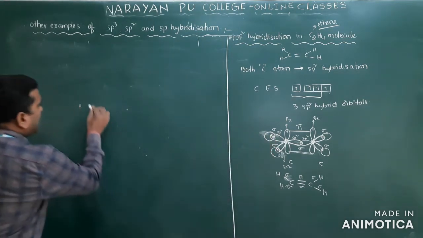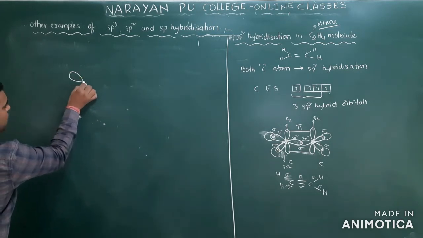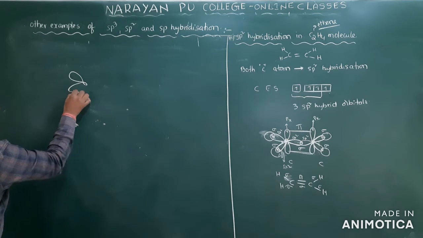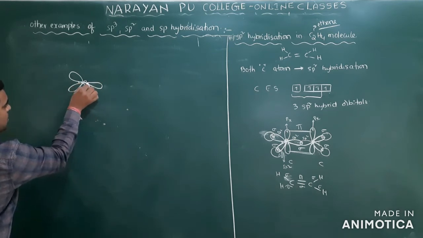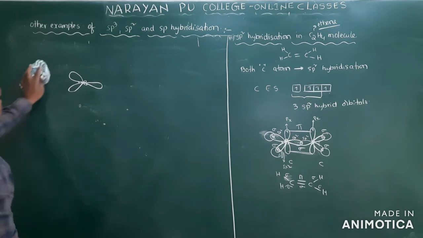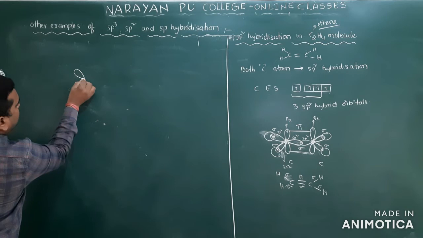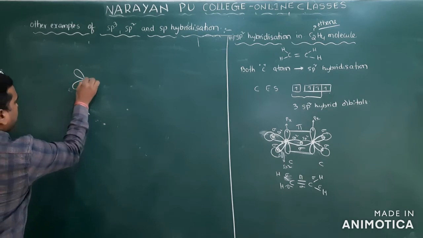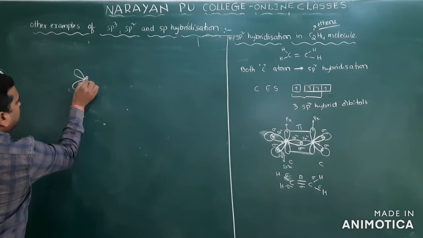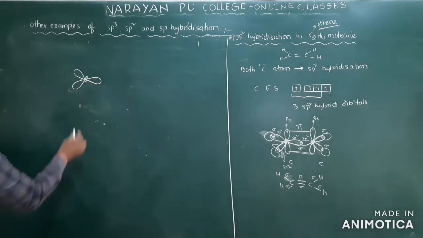You see this molecule. First of all, one carbon is having sp2 hybridized orbital. Clear? So this is sp2 hybrid orbital. Neatly, right? This is one carbon.